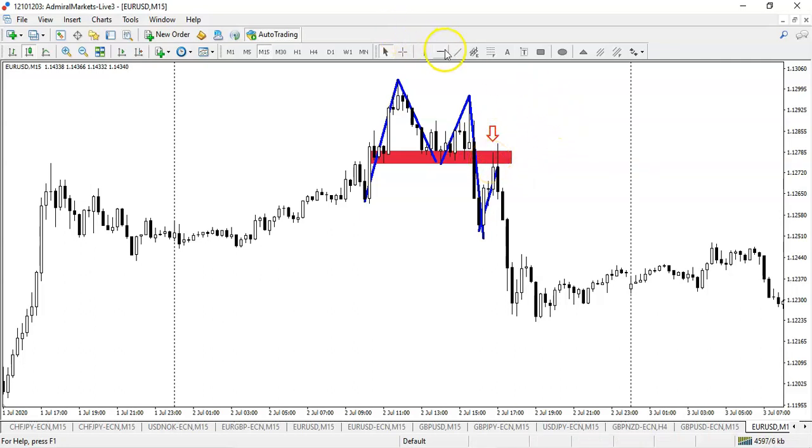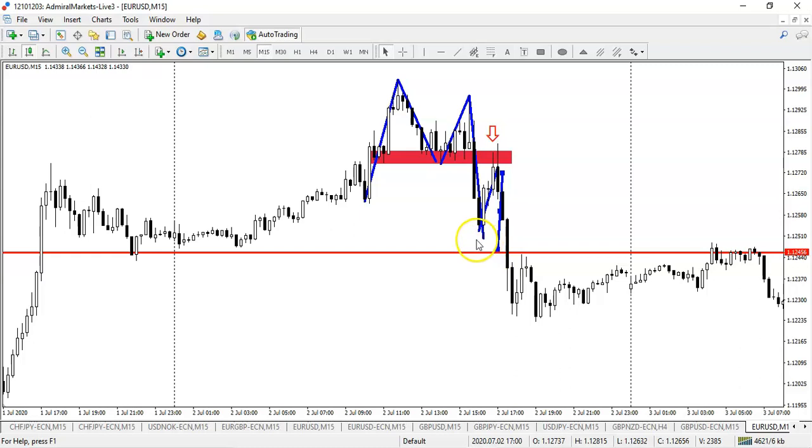Okay, so to measure how far this will go, your take profit, take from here to here and measure from this point to this point. So your take profit will be here, right?